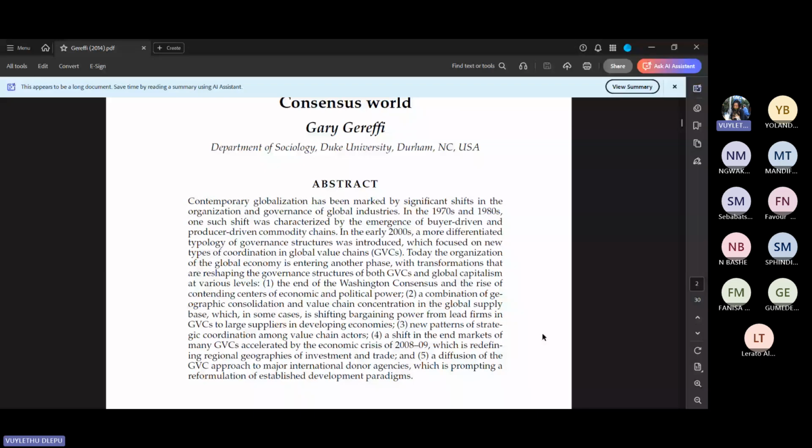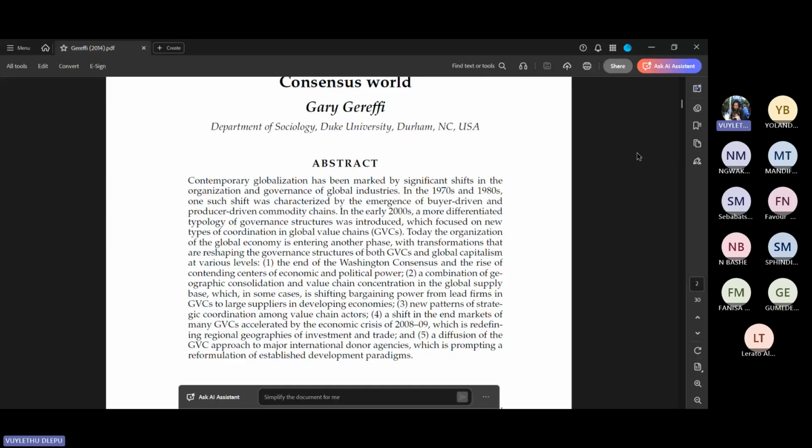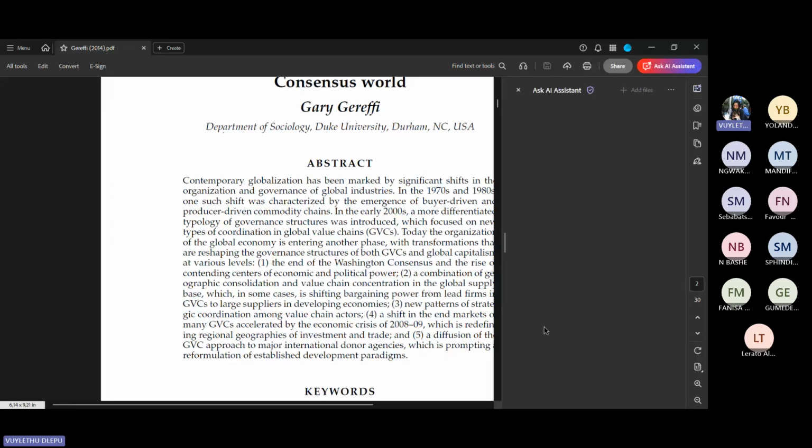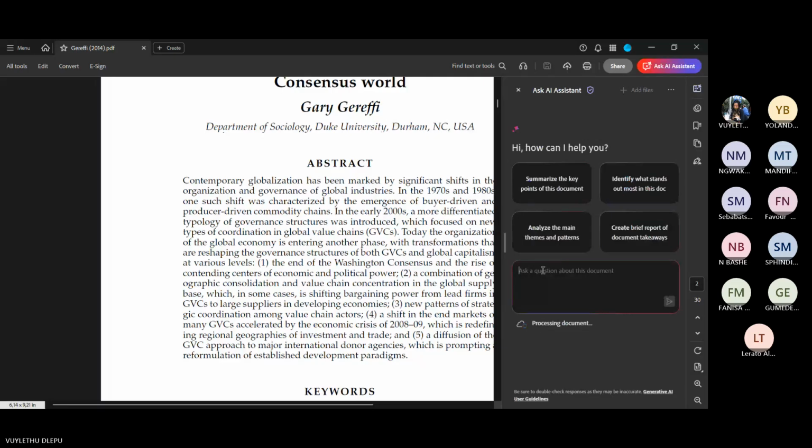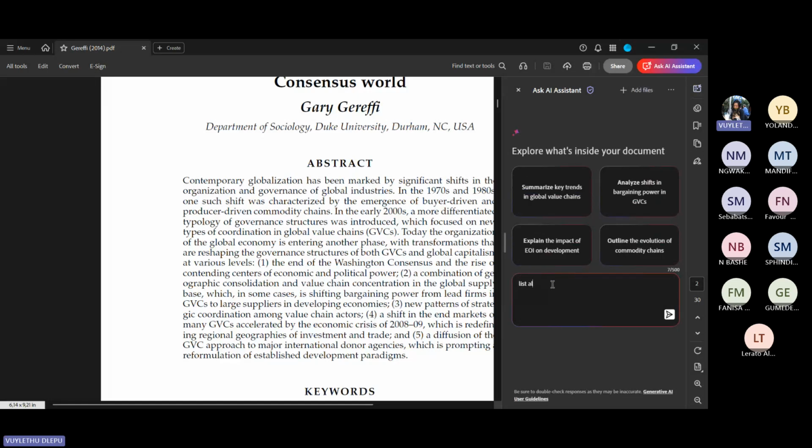Okay, sorry. Now I'm going to quickly ask AI to show me all the subsections of this article so that we can see. List all the sections. Okay, guys, this is going to be a very quick one.